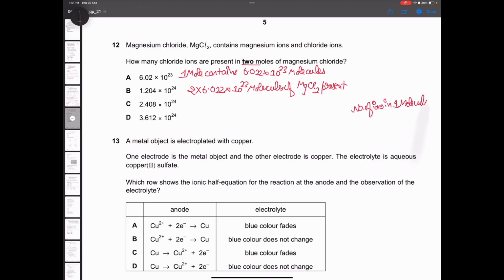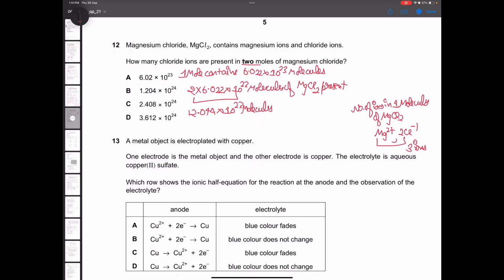Now, what I want all of you to do is simply find the number of ions in one molecule of MgCl2. I can see there is one Mg2+ ion and two Cl- ions. So the number is 3 ions. Now, it's very simple. Count the total number of molecules, which in this case is 12.044 times 10 to the power 23 molecules.